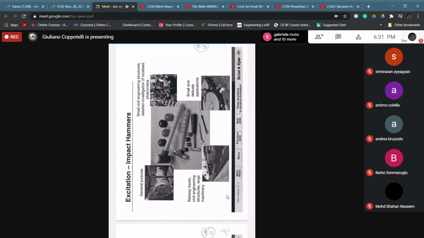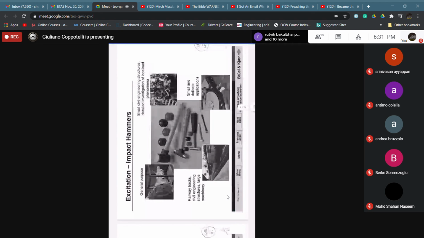As you can see, we have different modal hammer sizes according to the different frequency range of excitation. Remember, larger hammers means that you are exciting lower frequency range, smaller hammers, higher frequency range. And then we have also the chance to change the tips, the masses, as you can see from this picture, according to what we already discussed.